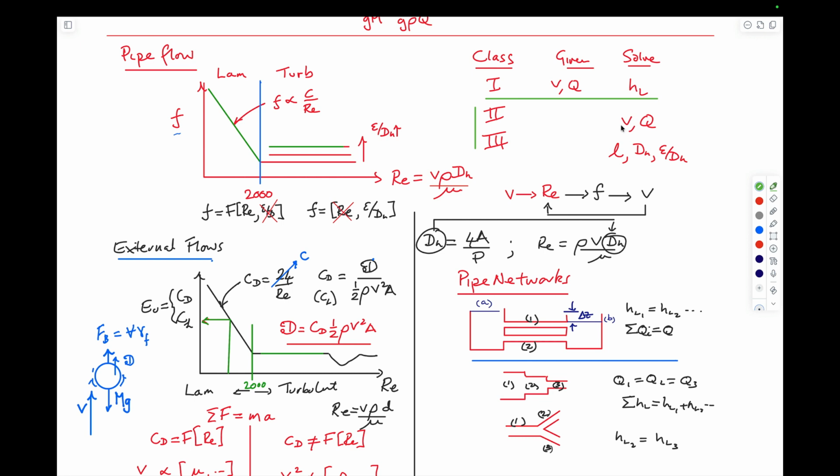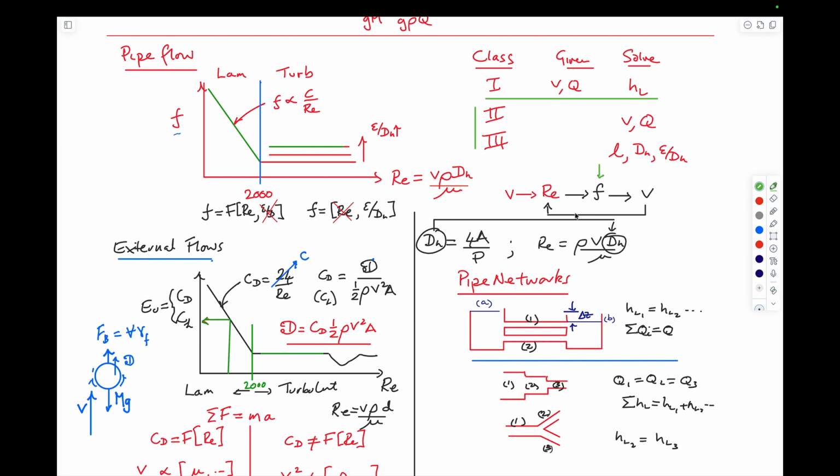You don't have a velocity, so you have to maybe assume a friction factor, determine a velocity from that, calculate a head loss, and then cycle back to see if for the revised Reynolds number from the revised velocity, the friction factor actually holds. And so you have to iterate your way through the system.